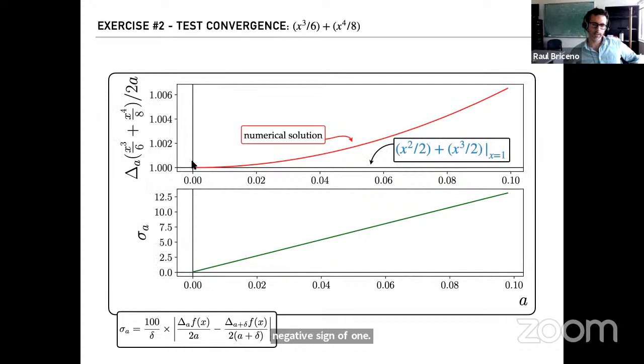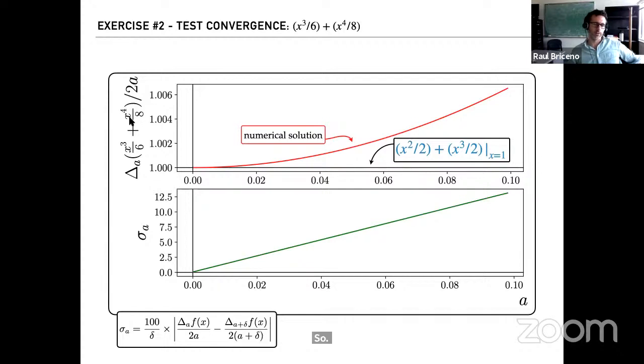And if I take the derivative of a polynomial, then you have to take the derivative of this guy plus the derivative of this guy. This is x cubed divided by 6. The derivative of that is going to be 3 over 6, which is 1/2 times x squared, plus the derivative of x to the fourth, which is 3x cubed.